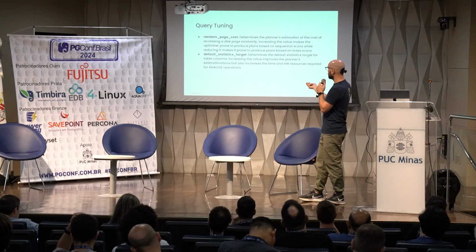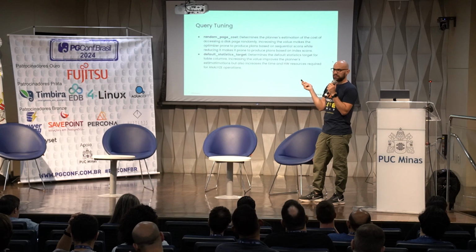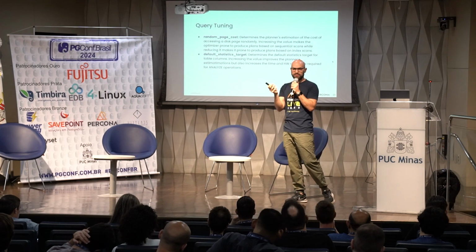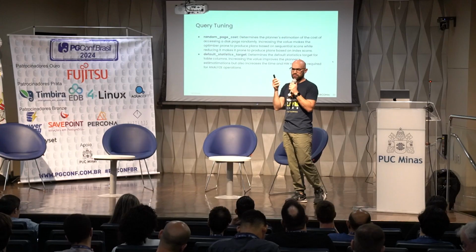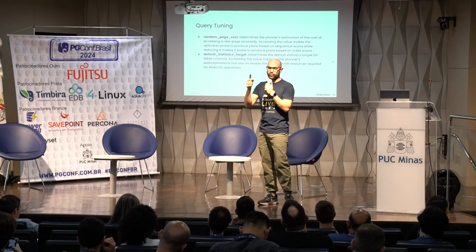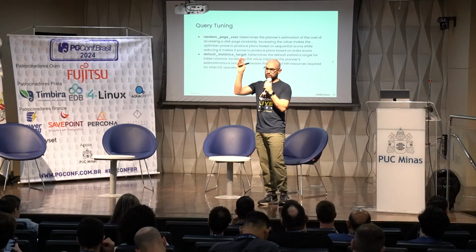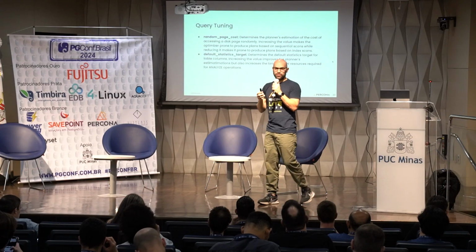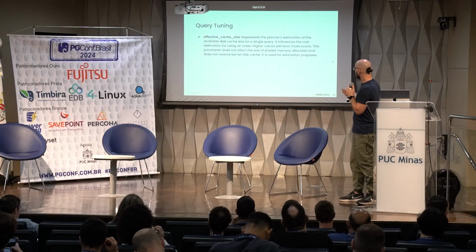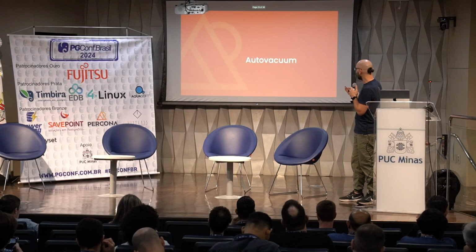So I think by default this is 4, and this is like a 4-to-1 ratio of random I/O versus otherwise. You can tune this to 1.1, so it's a bit more expensive, but not that much, so that it wouldn't absolutely in no case use an index, right? Effective cache size, you can read that afterwards.